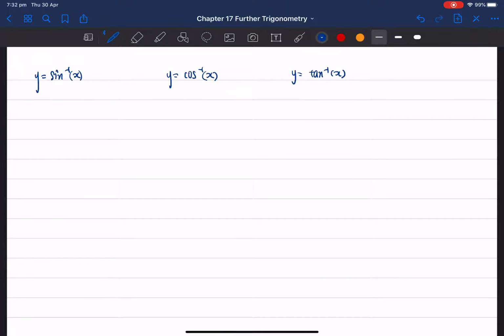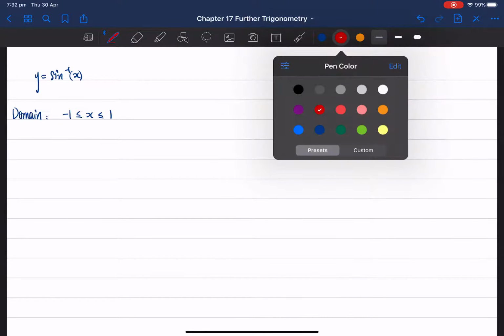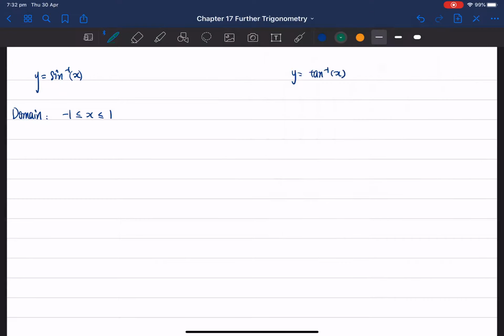So very important. All right, the domain. The domain of sine inverse function, I hope you still remember, is between -1 and 1. For the cosine inverse function, it is also -1 and 1. I'm just going to use a different color, just a bit easier.